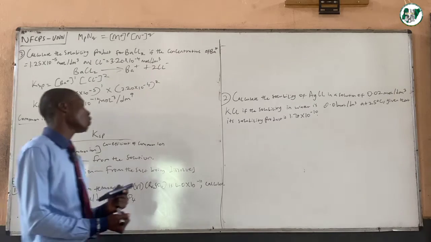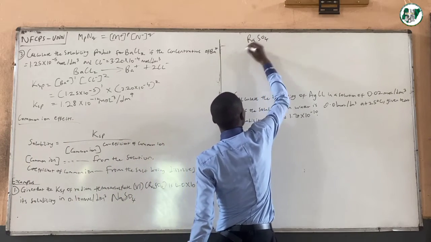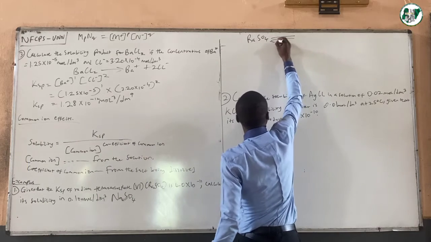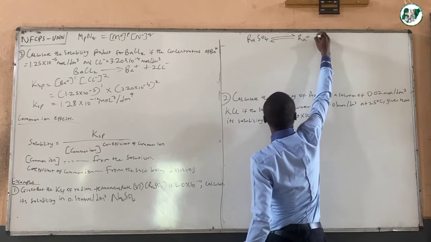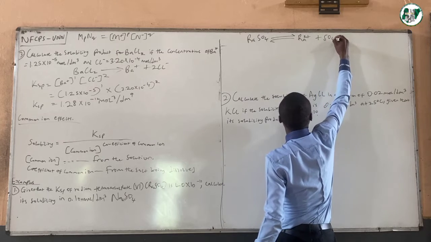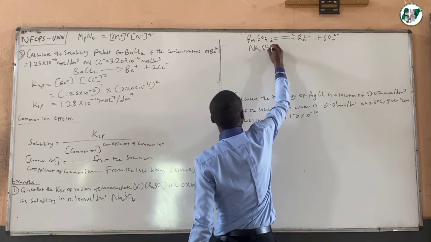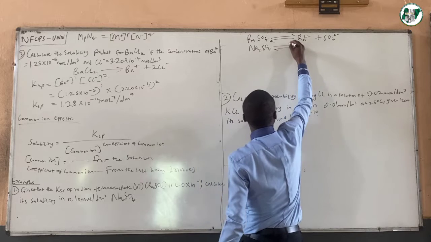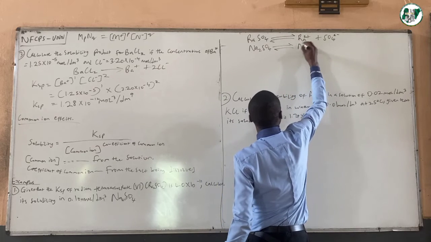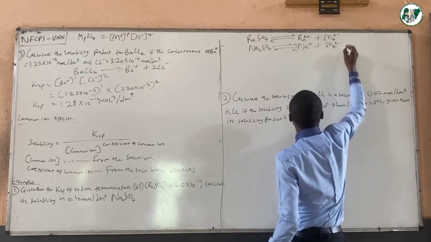So the first thing for you to do is to run the dissociation equation. RaSO4 dissociates into Ra2+ and SO4 2-, and sodium sulfate dissociates into 2Na+ and SO4 2-.